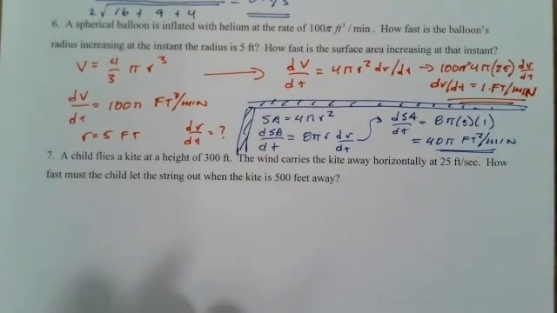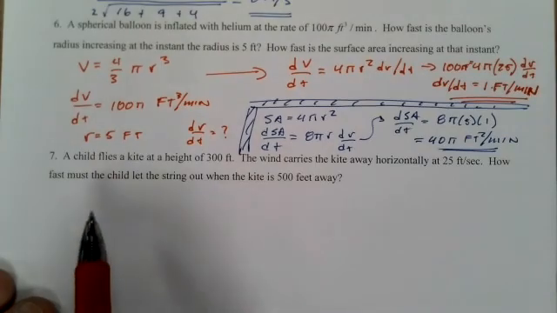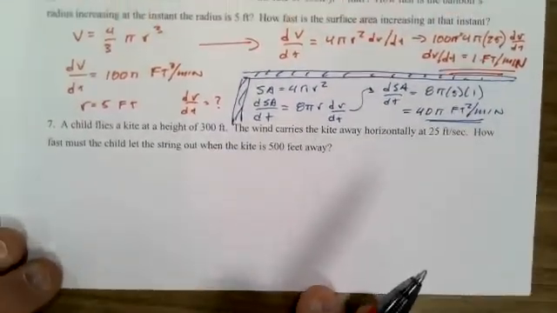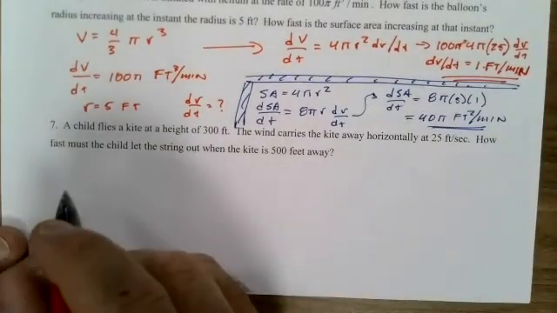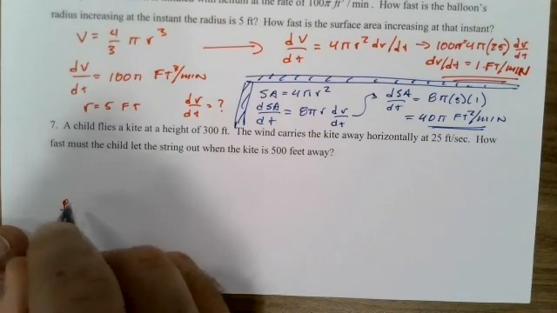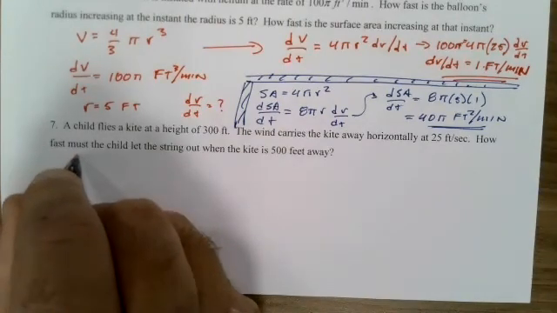A child flies a kite at a height of 300 feet. The wind carries the kite horizontally. How fast must the child let the string out when the kite is 500 feet away? I don't like these because it's a little confusing as to what the hypotenuse is, but we'll do the best we can. So here's your kid. Kite.